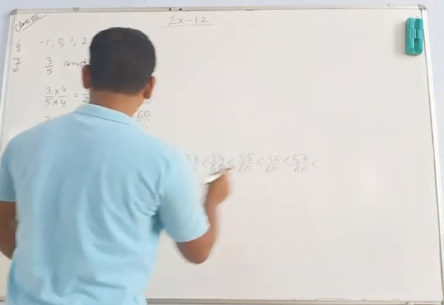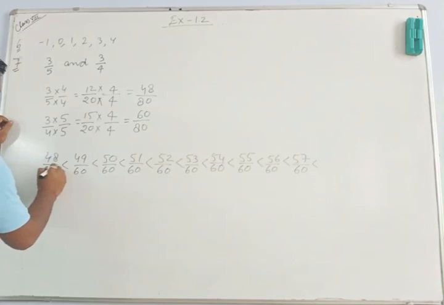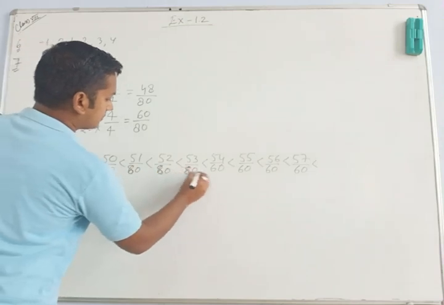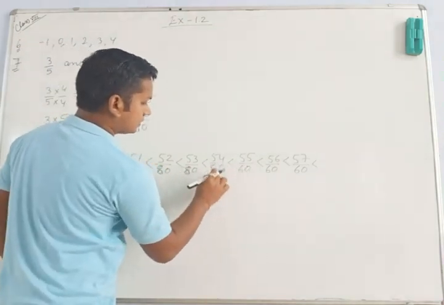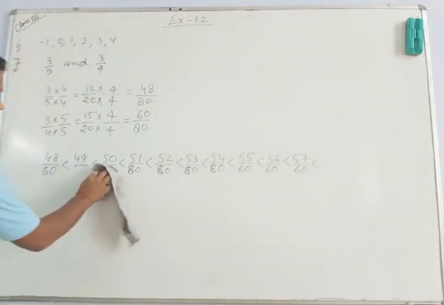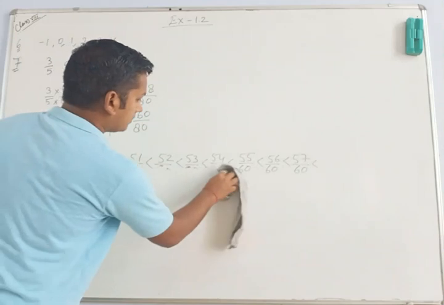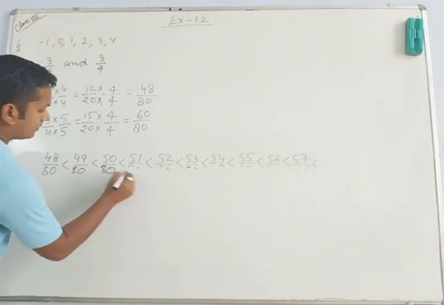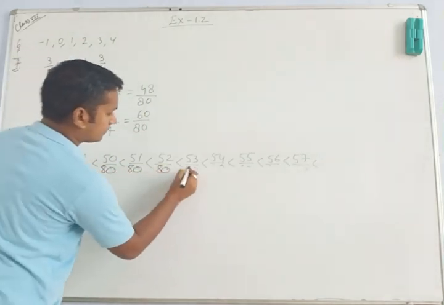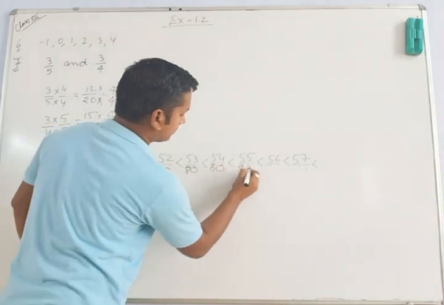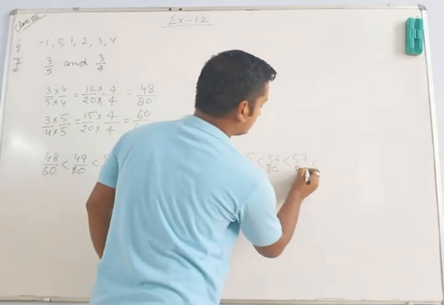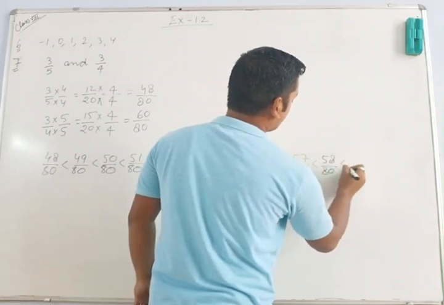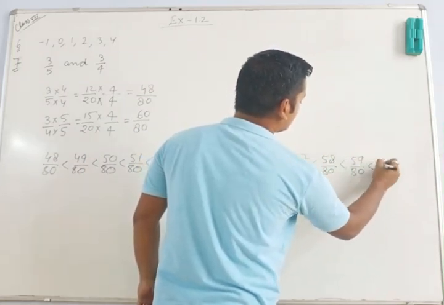Okay, not 60, these are all 80. So 57 upon 80, 58 upon 80, 59 upon 80, and 60 upon 80.